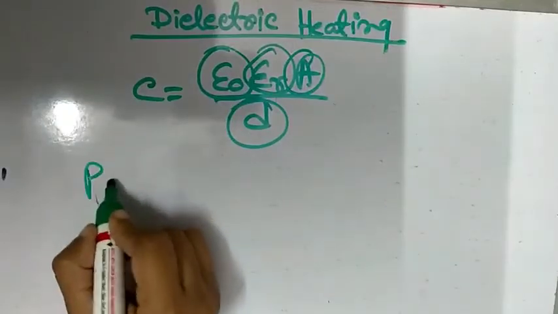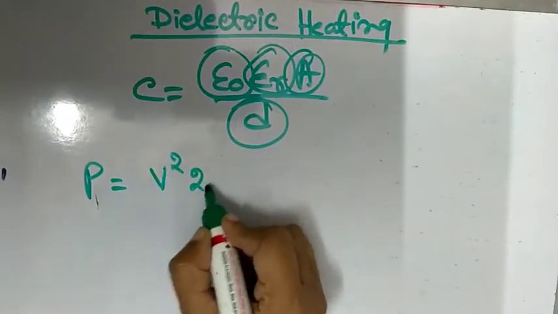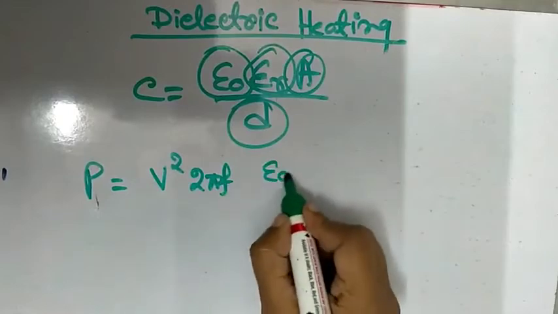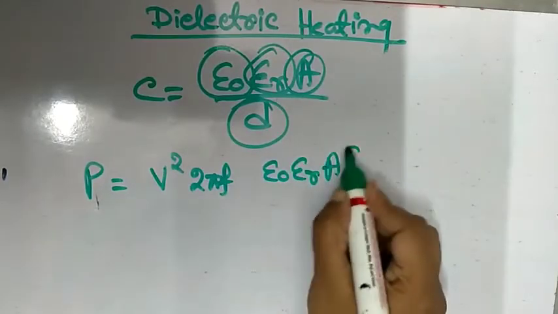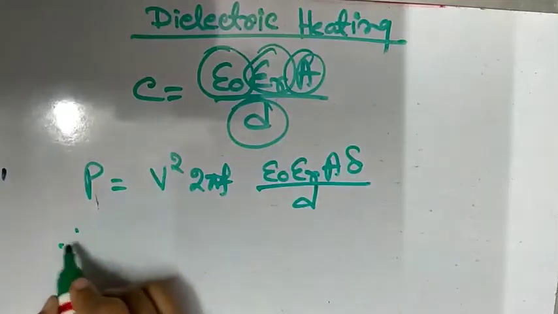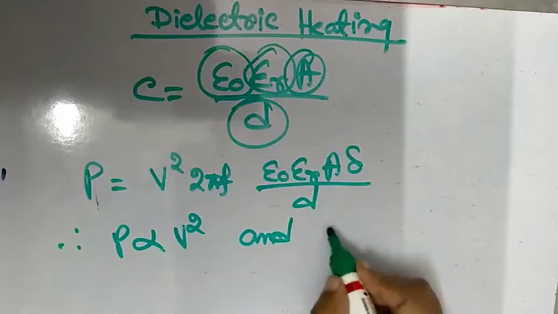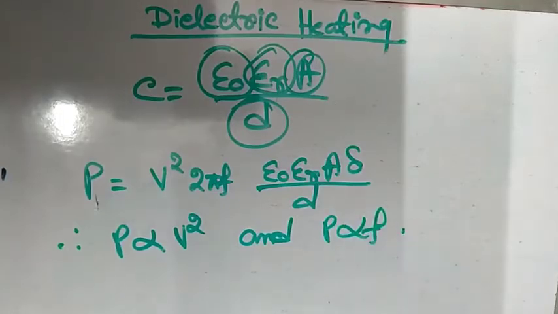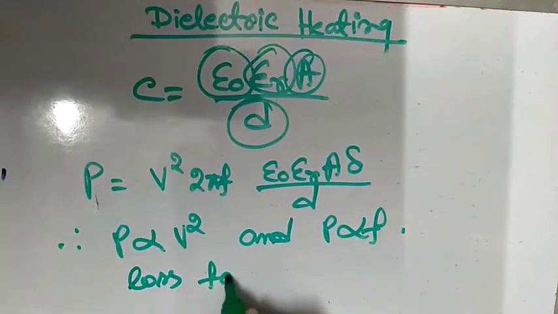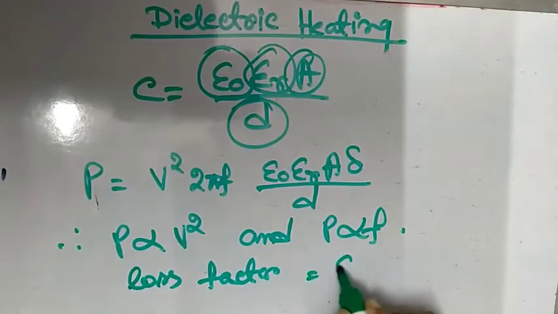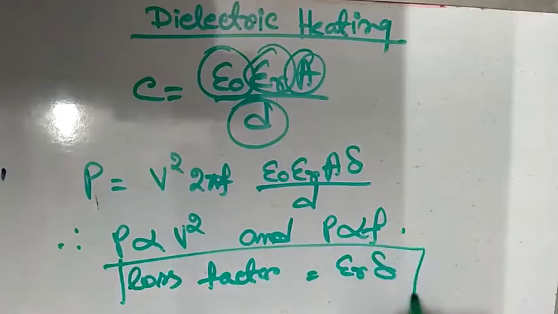So therefore P is equal to V square 2 pi F epsilon 0 epsilon R A delta by D. So P is proportional to V square and P is proportional to F. The product of epsilon R and delta is known as loss factor.